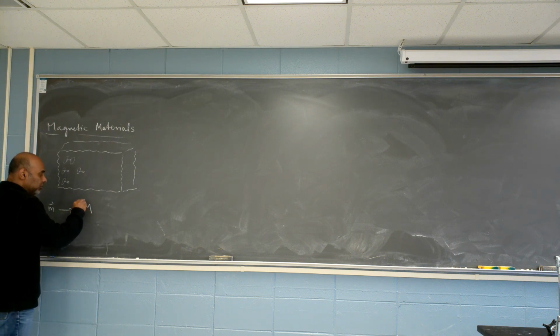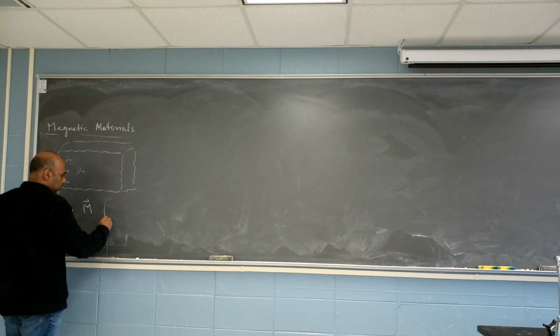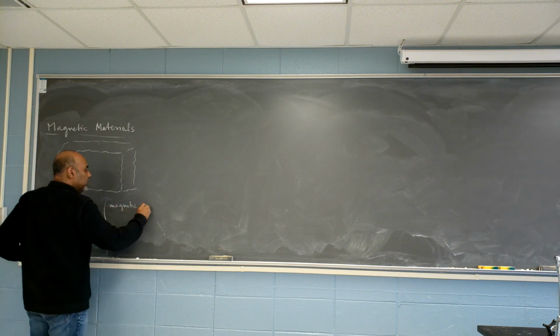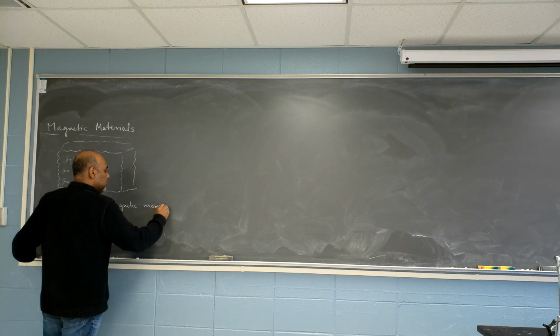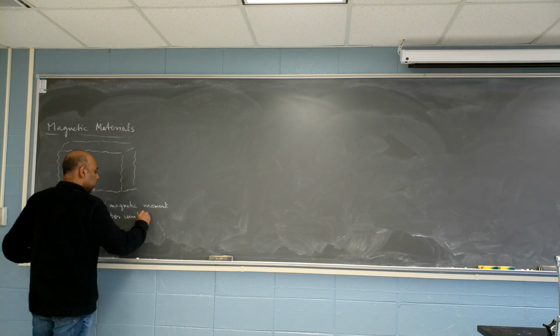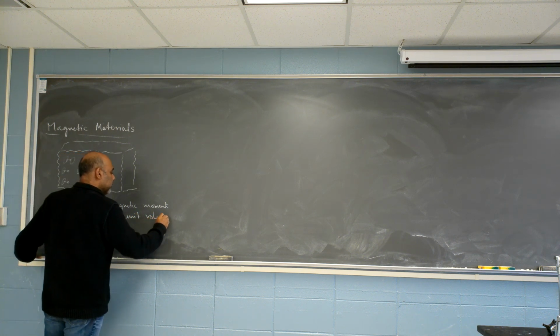So the pure magnetic dipole goes into, just like the electric dipole, a magnetization per unit volume. Magnetic moment per unit volume. Like an average magnetic moment per unit volume.